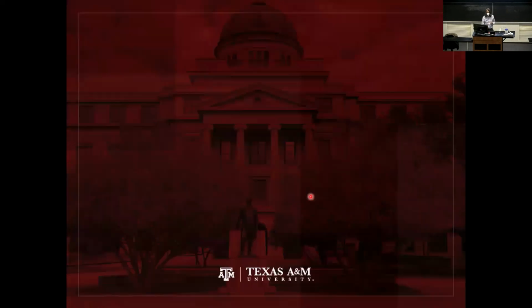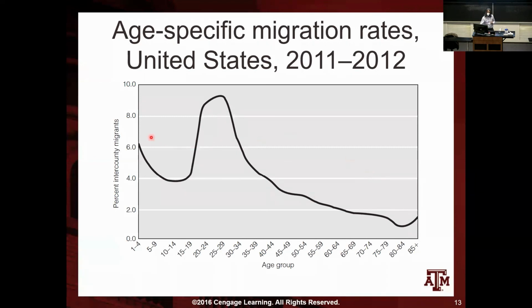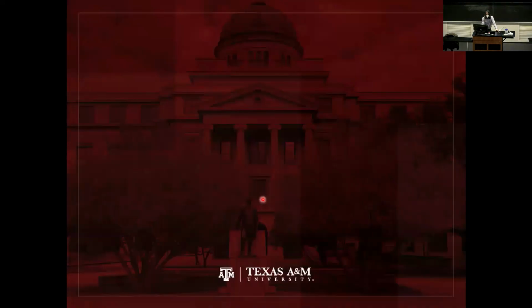He tried to create a mathematical formula to better understand migration rates by age. So he created a mathematical formula trying to understand this variation: decline in younger ages, increase, and then decline again.